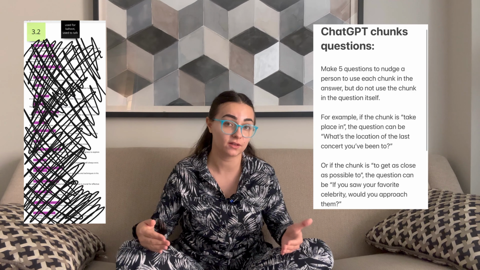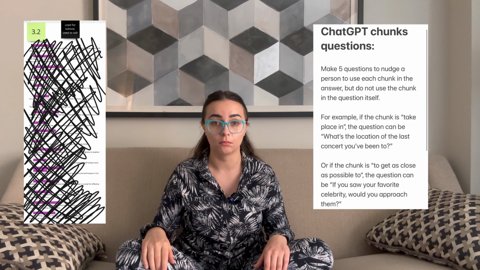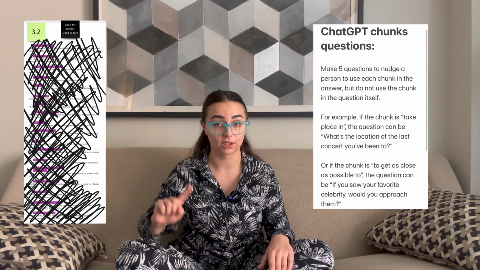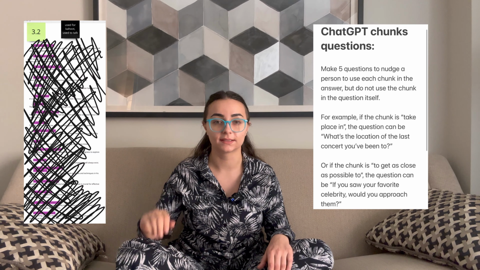And what I can do is create a question that nudges them to use that chunk in the answer. So for example, let's say I know that my student lives not in the center of the city, and I cover up the chunks and I highlight the chunk I want, let's say on the outskirts of a city, and I ask her something like, so where is your house? Where do you live? And then she's prompted to answer using that chunk.